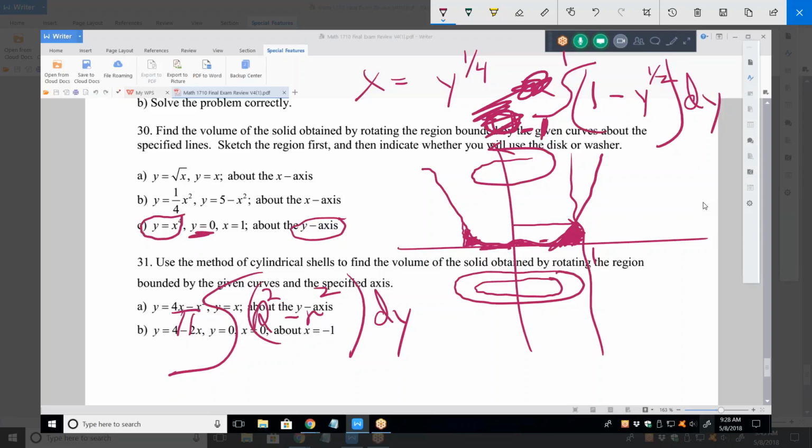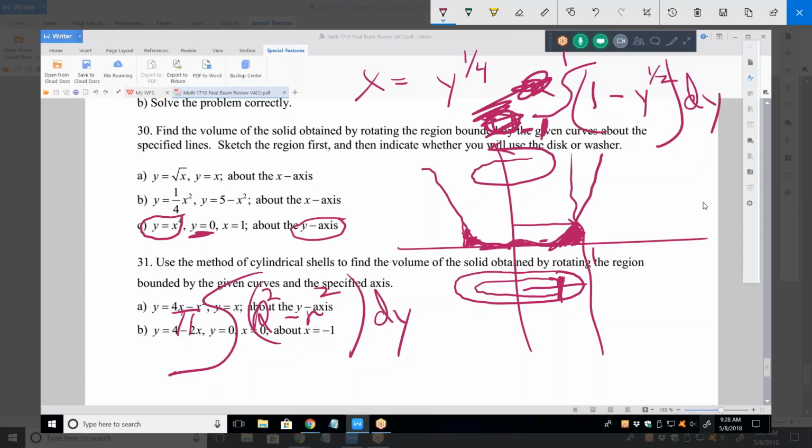Now, the very first washer that gets laid down is this outside one, which has a radius of 1. And it has an inside radius of y to the 1/4.